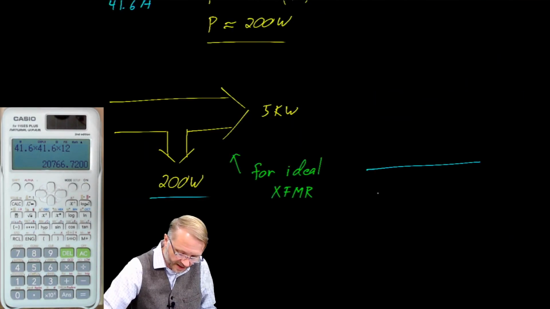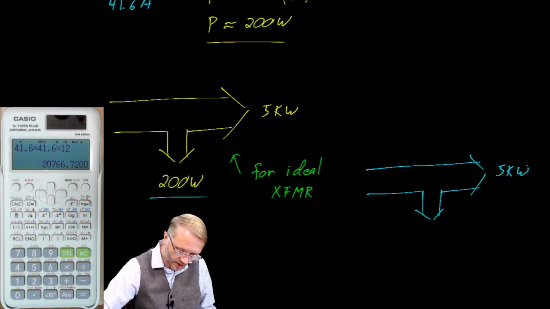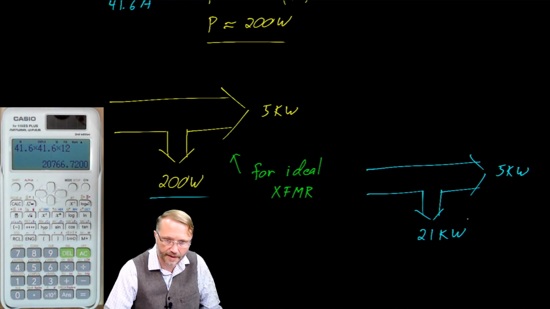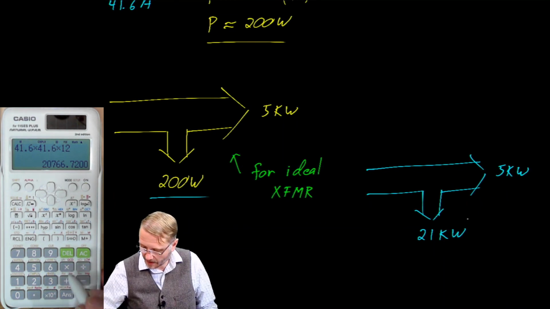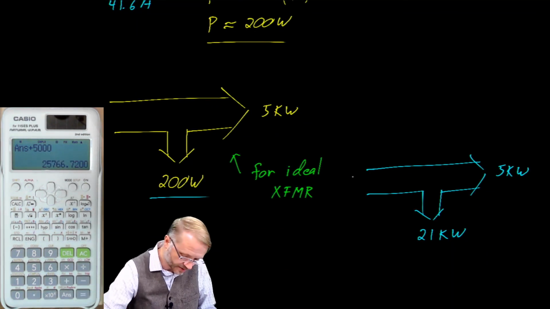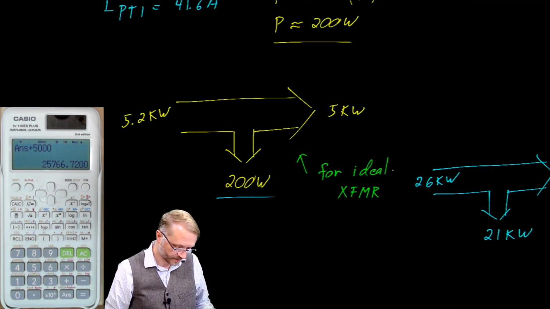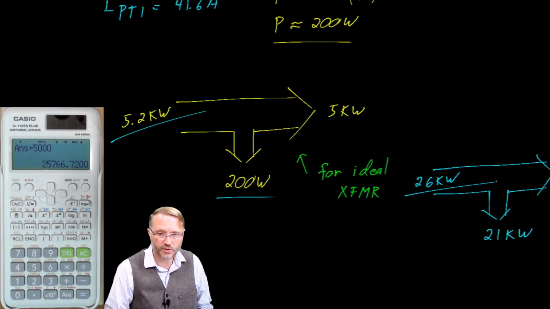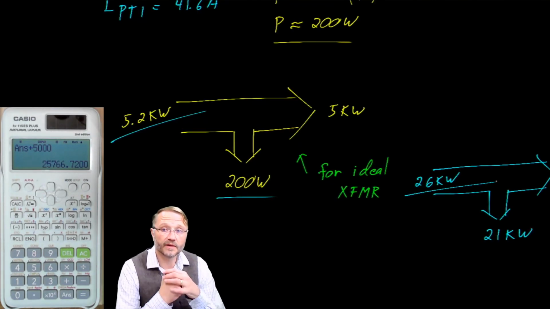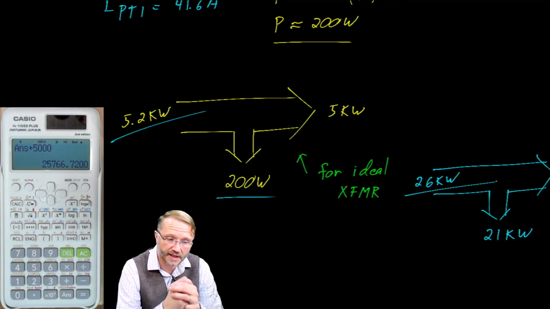In order to feed the same 5 kW load, we lost 21 kW in the wire. The wire itself got hot, which means we need to put in about 26 kW. So here you put in 5.2 kW. Here you had to put in 26 kW, with all of that extra energy lost in the wire.